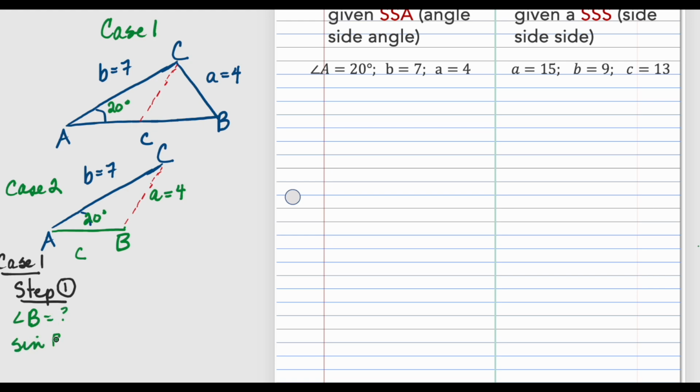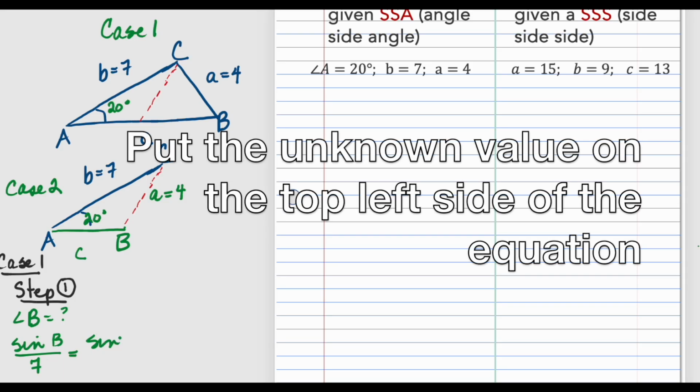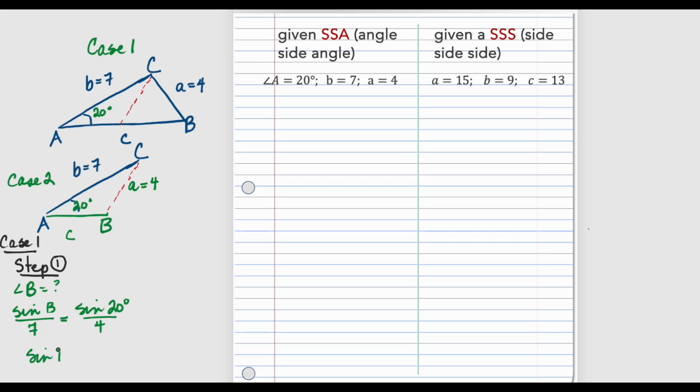Sine of B over side length B is equal to sine of A, or 20 degrees, over 4. Sine of B is 7 times sine of 20 degrees over 4. B is the inverse of sine of all that stuff.